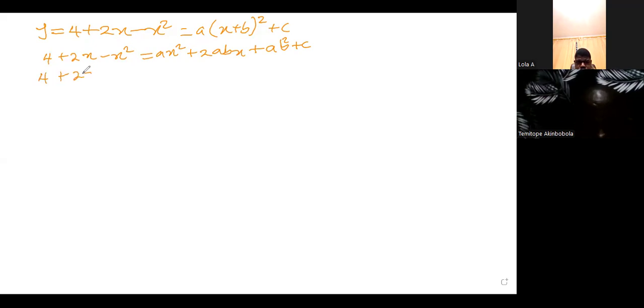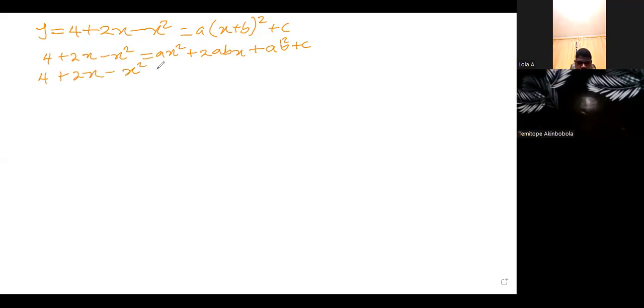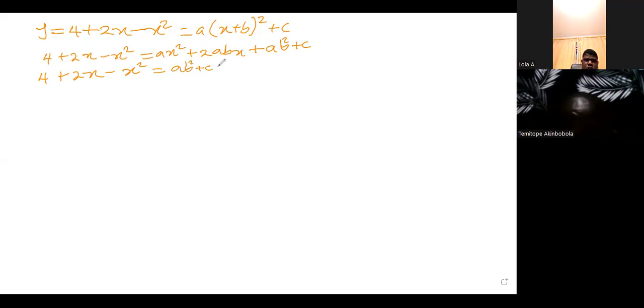I'm going to bring the constant term, which is ab² + c, first, followed by the middle term, 2abx, then followed by ax². So the constant term, the term with x, then the term with x squared.